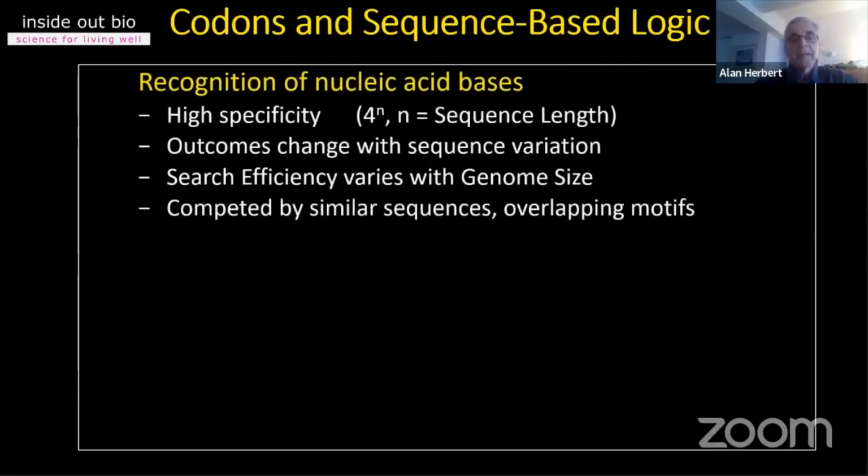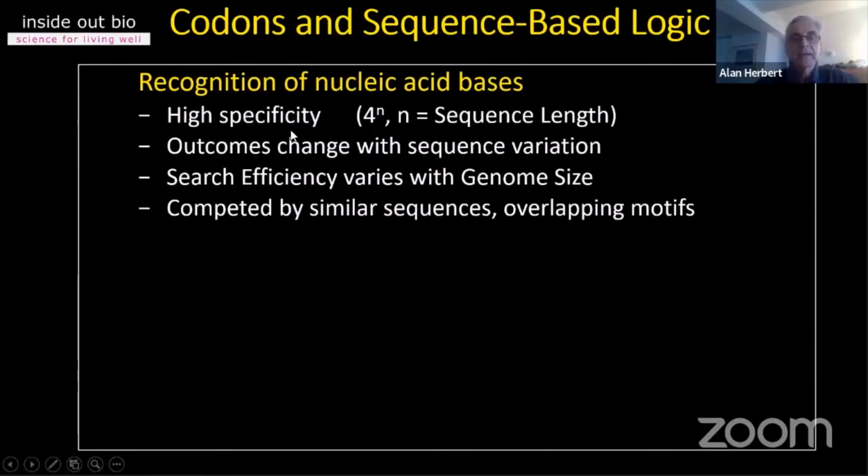So the advantages of codons, of course, is that because it's a combinatorial encoding by 4 nucleotides, you can get really high specificity in recognition of proteins and in terms of control.